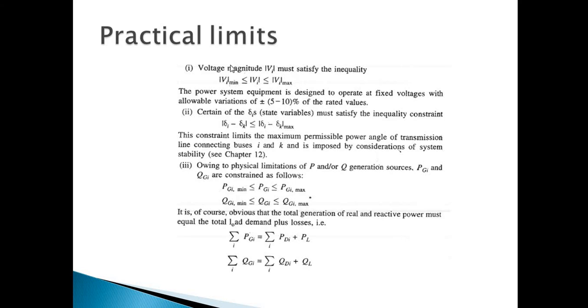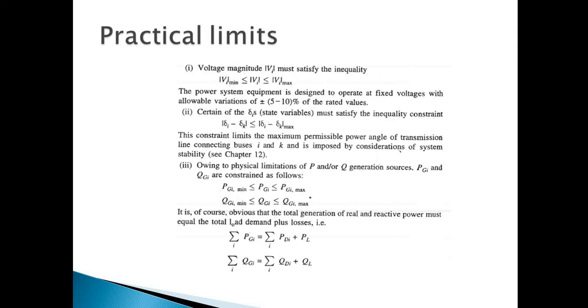For that case, our checks are these. If the voltage in one of the buses for a particular solution is beyond a particular limit, we have to discard the solution. Power system equipment is designed to operate at a fixed voltage and allows 5 to 10% of the rated voltage, not more than that.